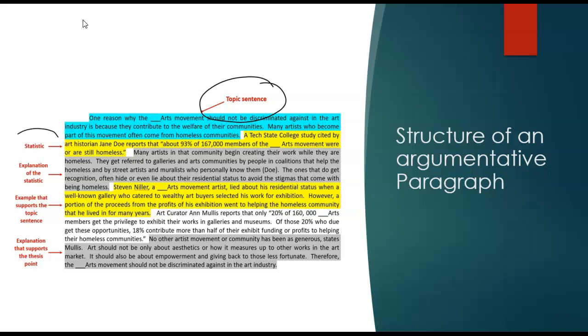Then you're going to have the evidence, an explanation of the evidence, an explanation of how the evidence supports the topic sentence, and then you want to loop back to explain how that support explains the thesis. So basically 4 parts: the topic sentence, the evidence, the explanation of how the evidence supports the topic sentence, and then the explanation of how the evidence supports the thesis.